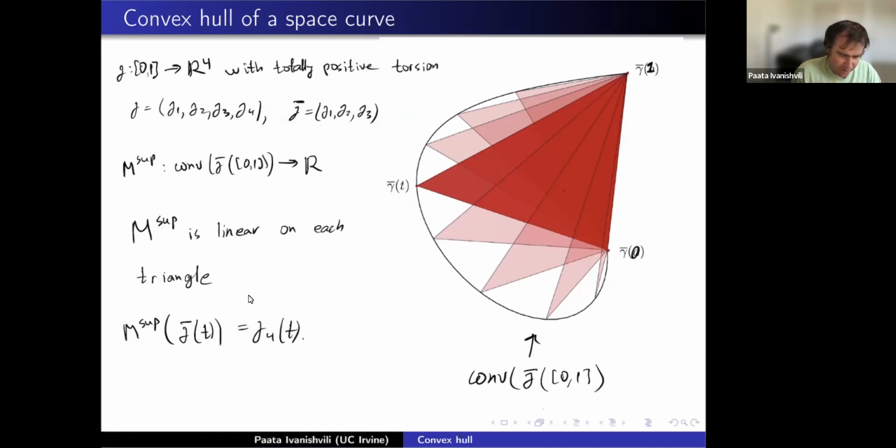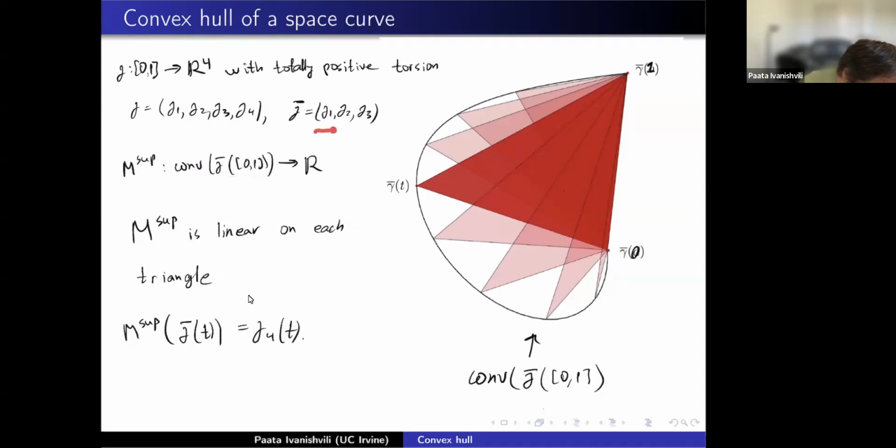Now I showed you this function, right? M supremum, which parameterizes the upper boundary of the convex hull in R4, which is a graph of the function of the upper boundary of the convex hull. So this function is given on the convex hull of gamma bar.